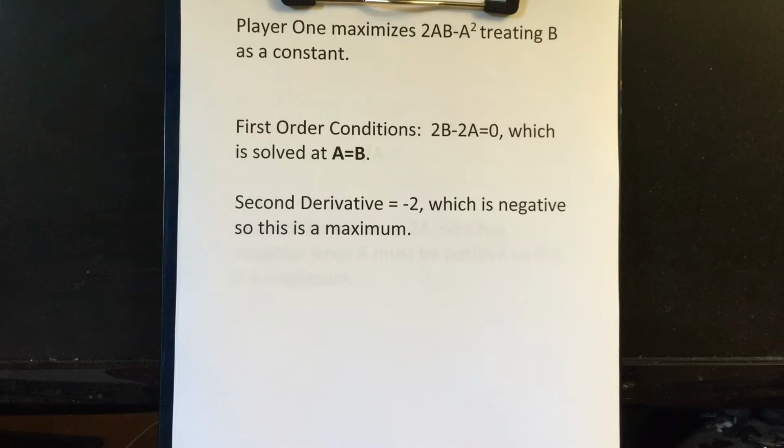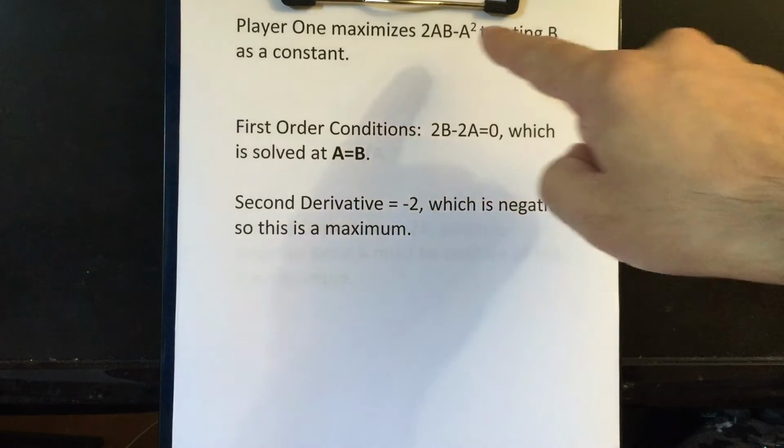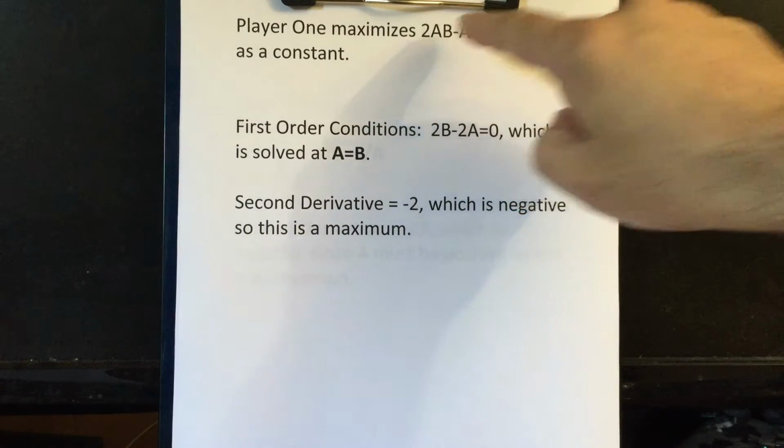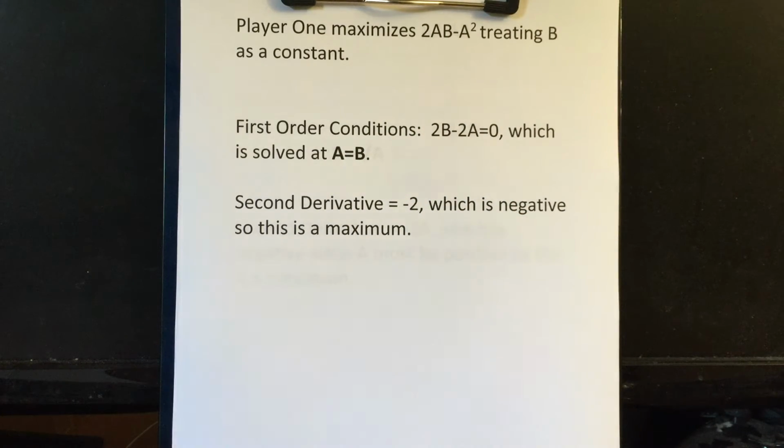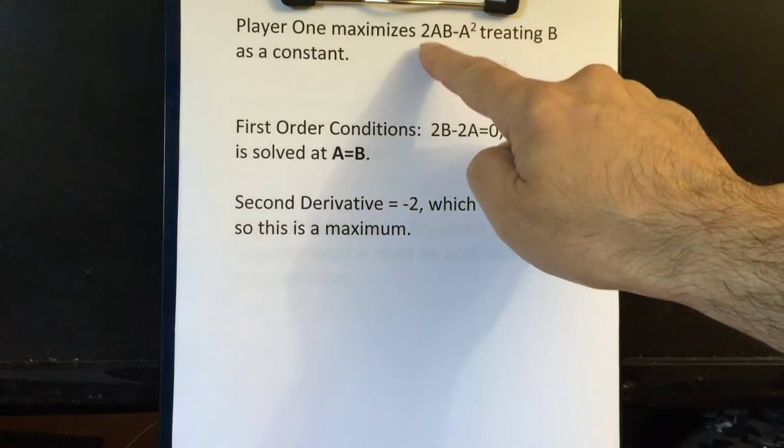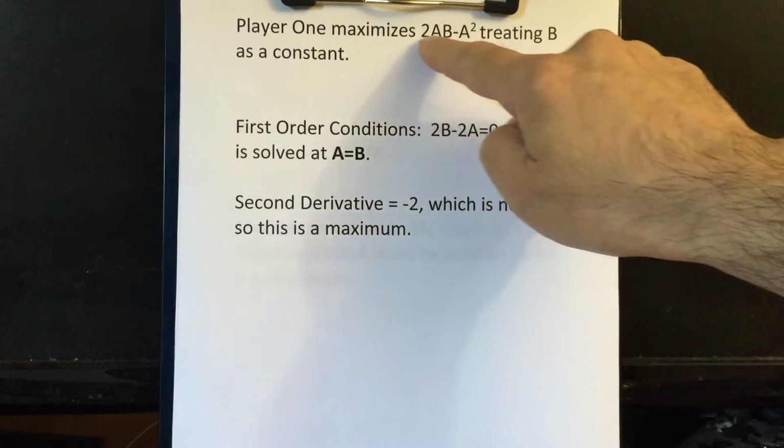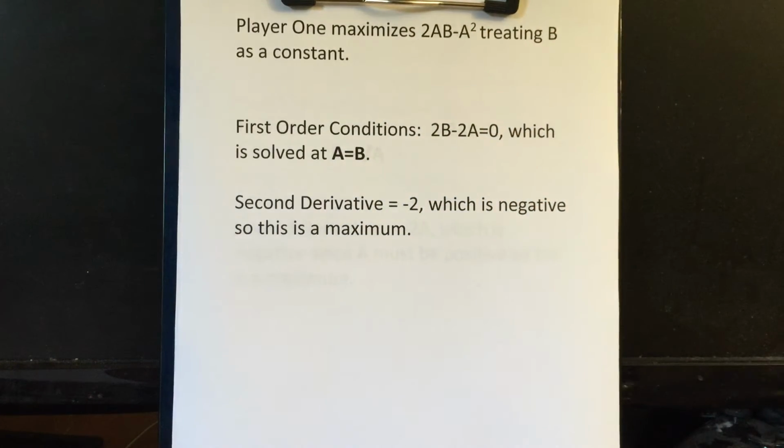So when applying the rules of taking derivatives, again, you just pretend B is a constant. If that confuses you, just put in some weird number for B. Pretend B is 13.8, take the derivative, then go back in and put in b for 13.8 and you'll have the right answer. All right, so we take the derivative of this, treating b as a constant, and we set it equal to 0.